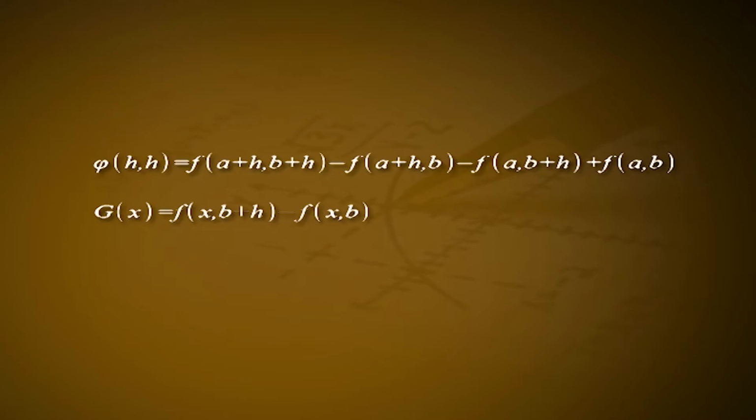Let g(x) = f(x, b + h) − f(x, b), so that φ(h, h) = g(a + h) − g(a). Let it be equation number 1.